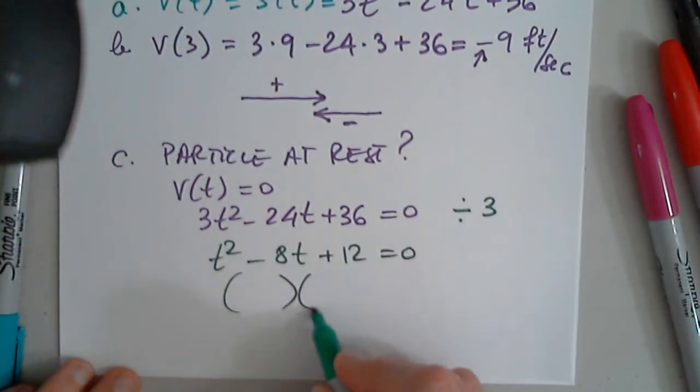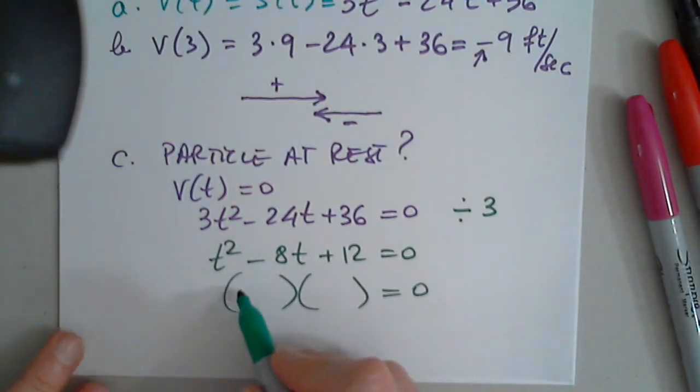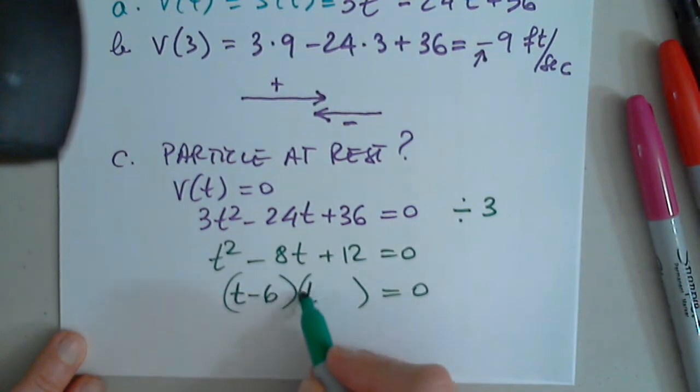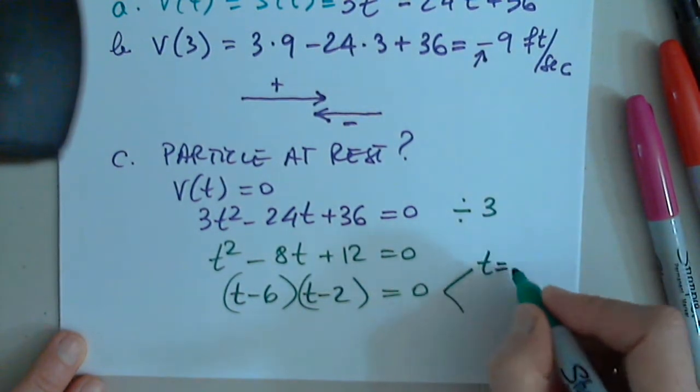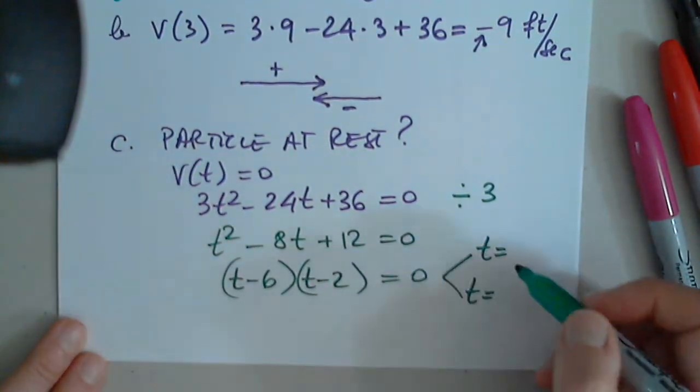If factoring takes more than 20 seconds at the most, then we use the quadratic formula. Can we factor quickly or quadratic formula? I think it's going to be some combination of 6 and 2. Good. So then t equals and t equals. And measurement unit, because we write a number.